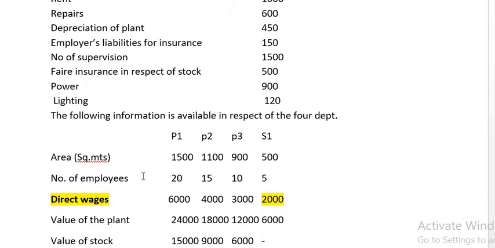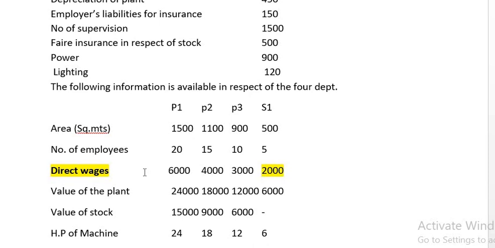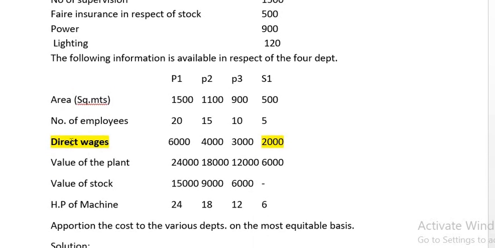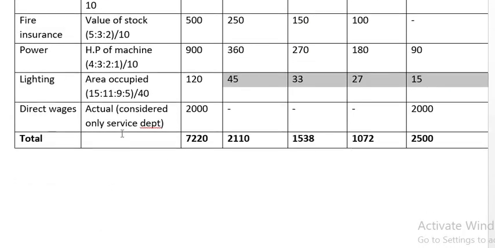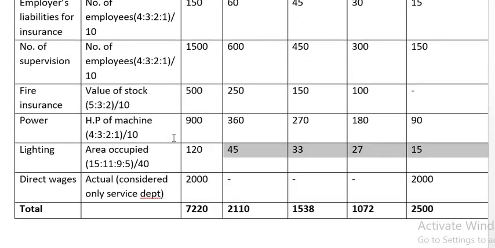One thing is very important: we will also take the direct wages, direct expenses and direct materials. If they are given, we take them on the actual basis. Here only one is given, that is direct wages. How much are the direct wages?